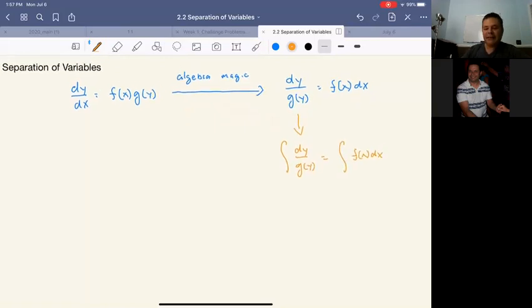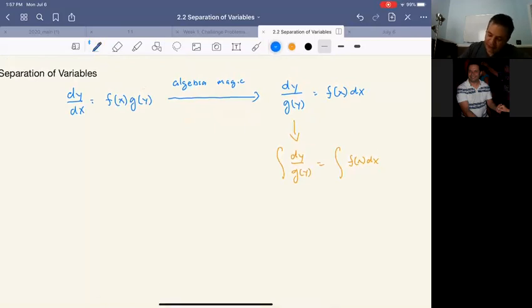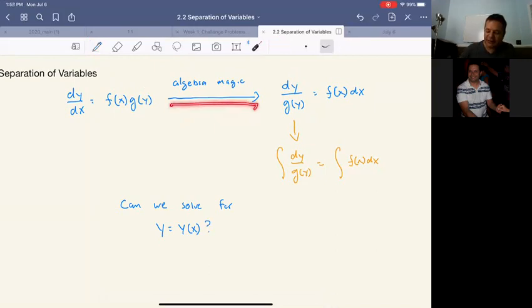And then the last thing we ask is, can we solve for y equals some y as a function of x? So that's our question. There's a couple of things. This algebra magic is pretty easy to do in most cases.